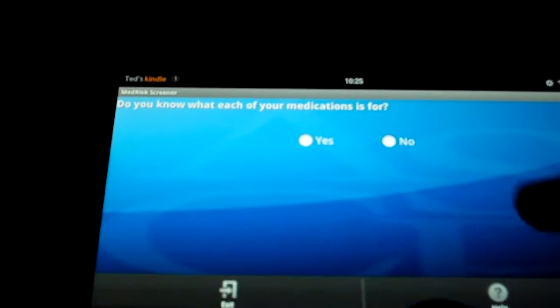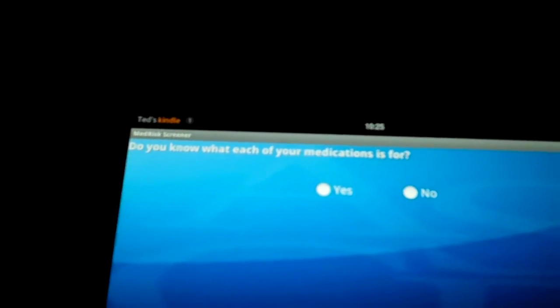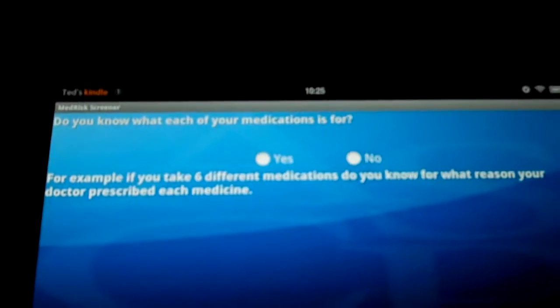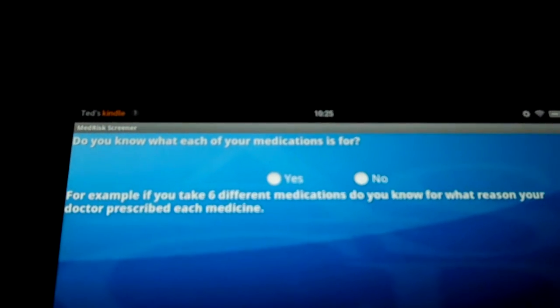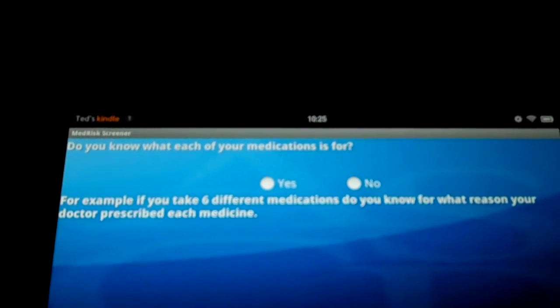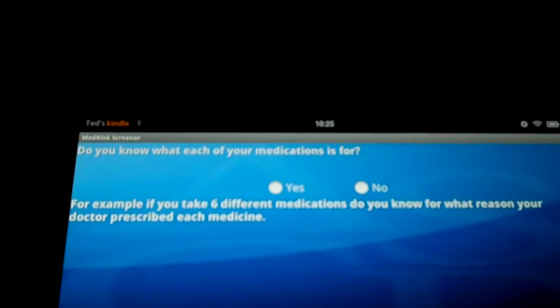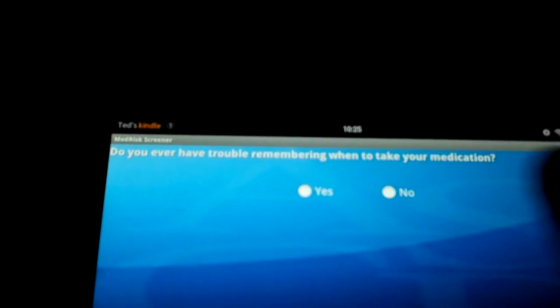I don't think there's anything for, yeah, actually there is. There's help for question number 1. And so when you hit that, it says, do you know what each of your medications is for? For example, if you take 6 different medications, do you know for what reason the doctor prescribed each medication? That was a clarification that was on the original instrument. So we'll move on.